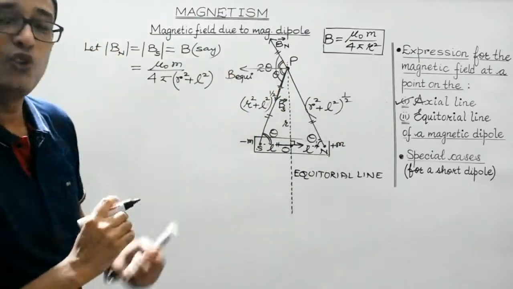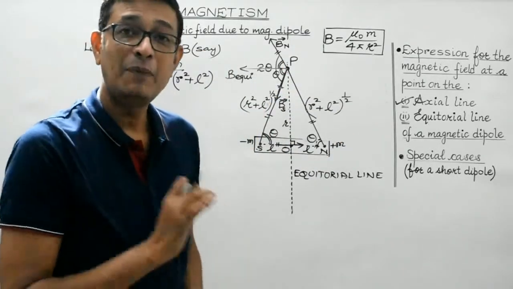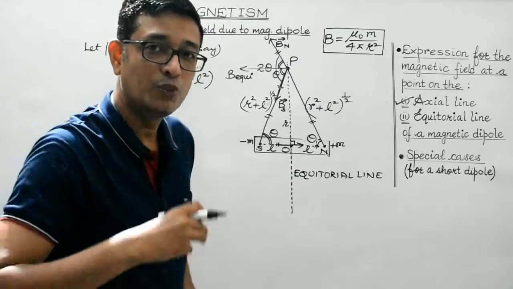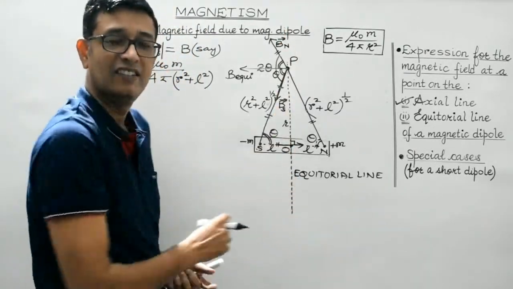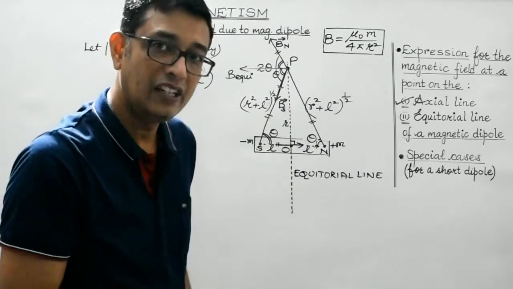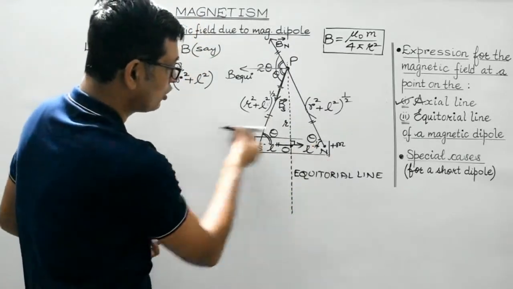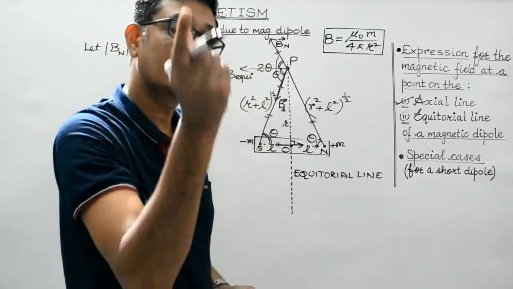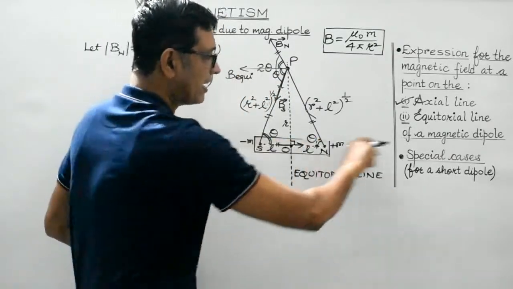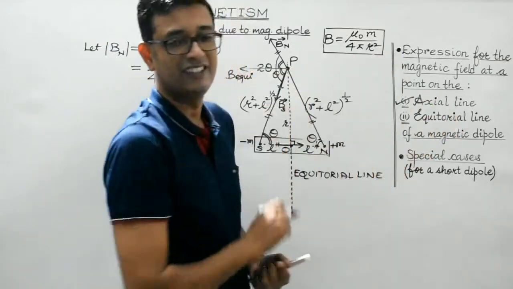So, what do you conclude, students? With the help of the vector diagram, we are able to prove that at any point on the equatorial line, the direction of the magnetic field is from north to south. That is in a direction opposite to that of magnetic moment or the magnetic length.